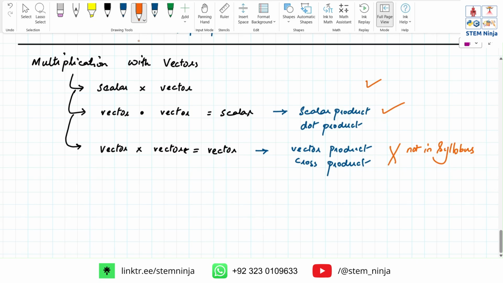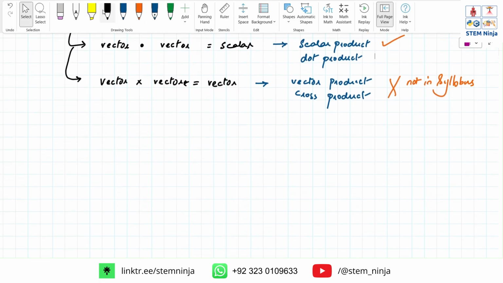Now, let's talk about the first one, scalar multiplication with a vector.